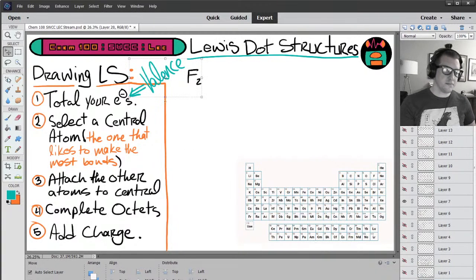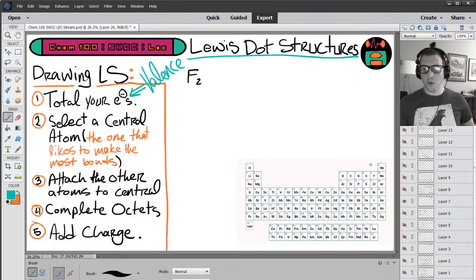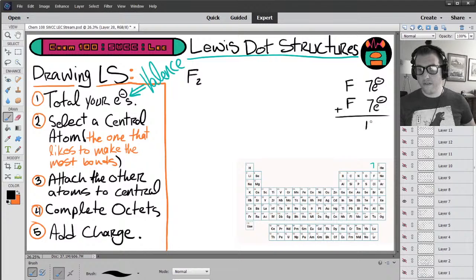Fluorine, you'll notice, is in the 7th column. So that means one fluorine atom has 7 valence electrons. So if we have 2 fluorine atoms, that's 7 plus 7, or 14 electrons to spend.